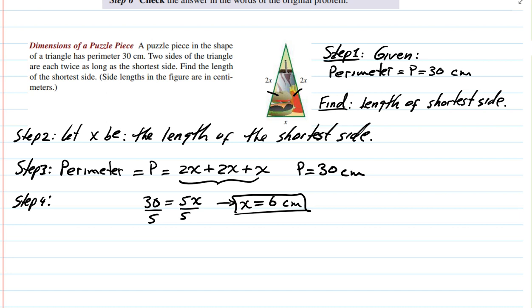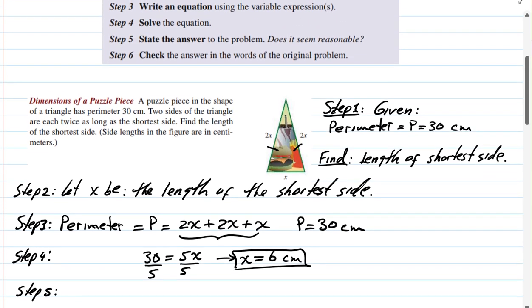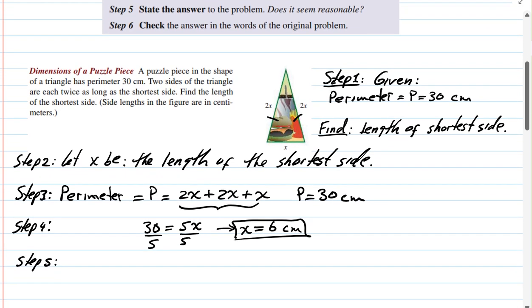Okay, and then in step 5, we're going to actually write the answer. Remember, step 5 is state the answer to the problem. And the answer seems reasonable. Slice of pizza, 6 centimeters. It's about 2 inches. Are we in the US or British system?